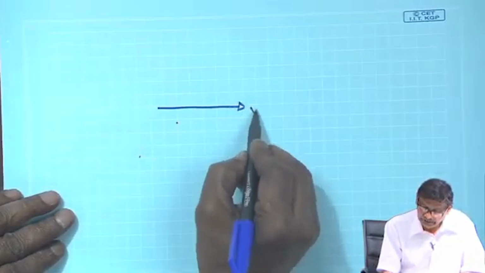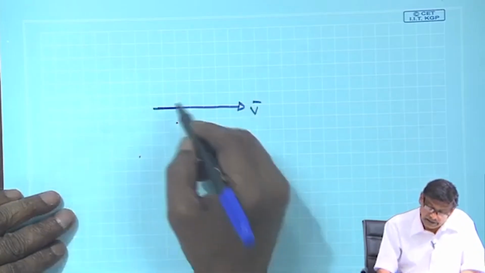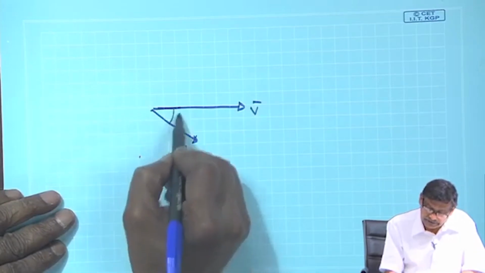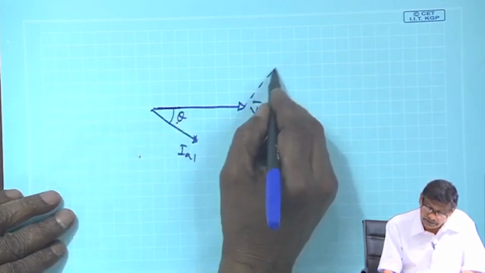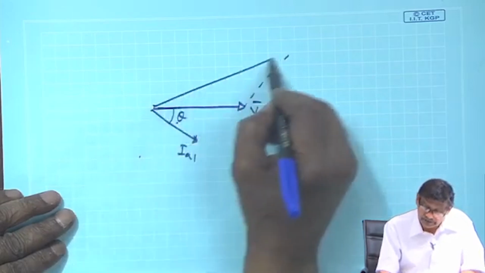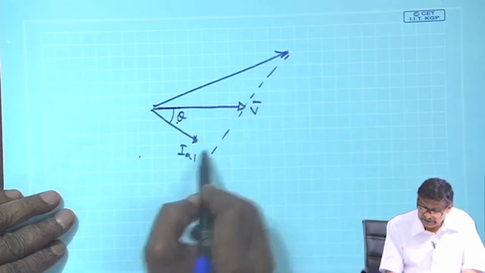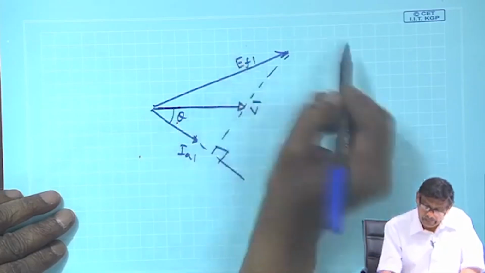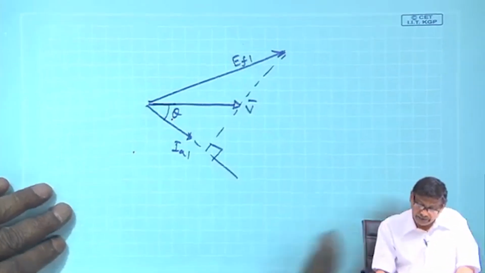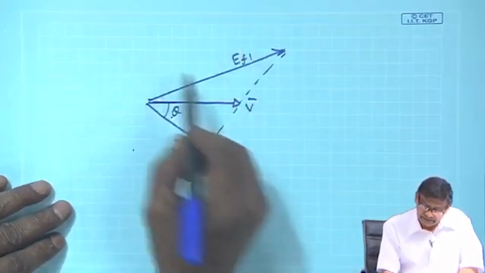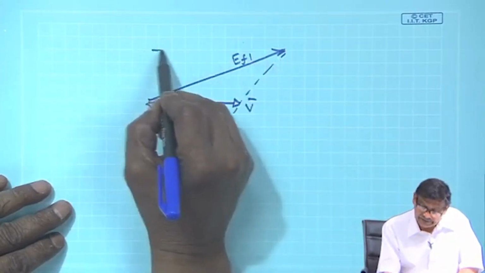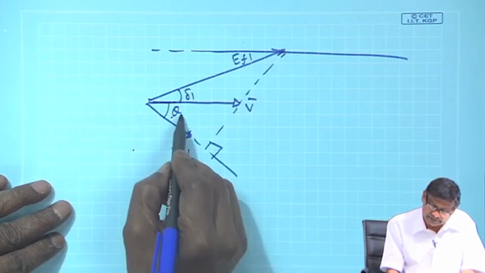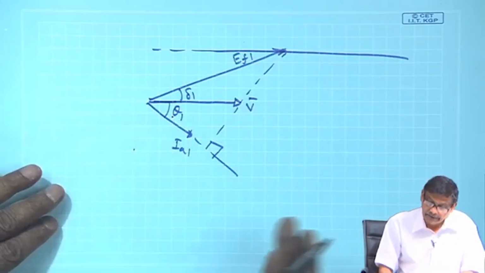Suppose this is V, very quickly, and this is the initial operating point I a1, theta 1, and V plus j I a1 x s is your E f1. This angle is 90 degrees. This is E f1, and this is the E f sin delta business, this is delta 1, and this is theta 1. It is doing fine.